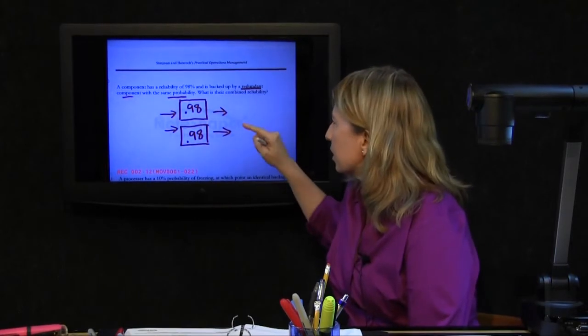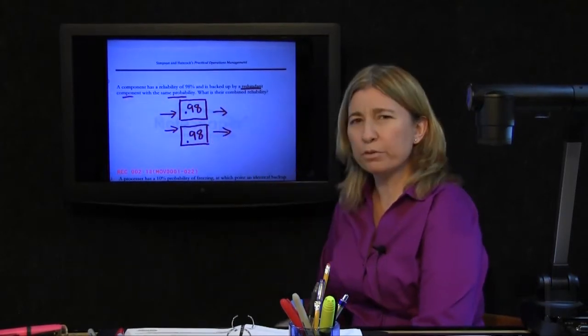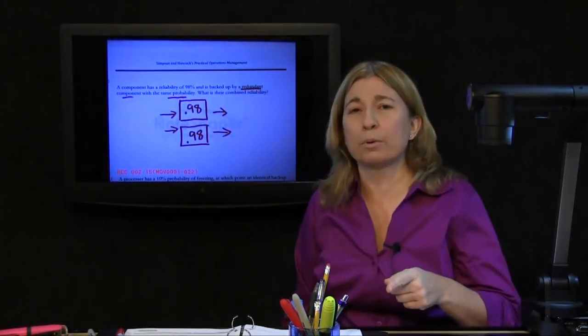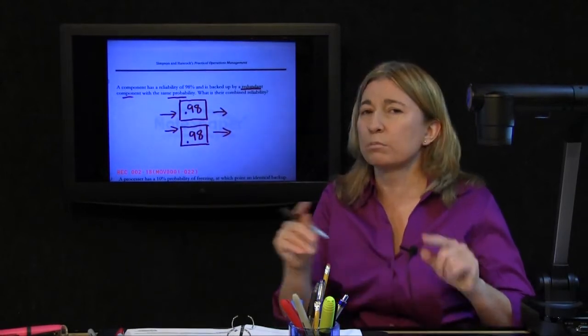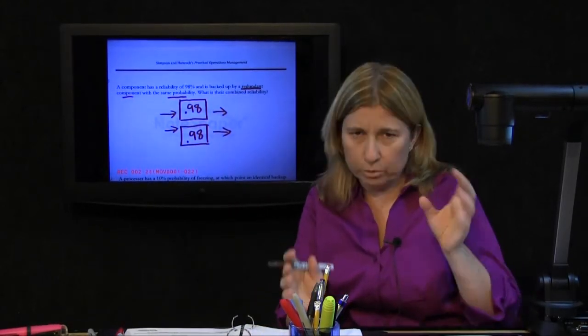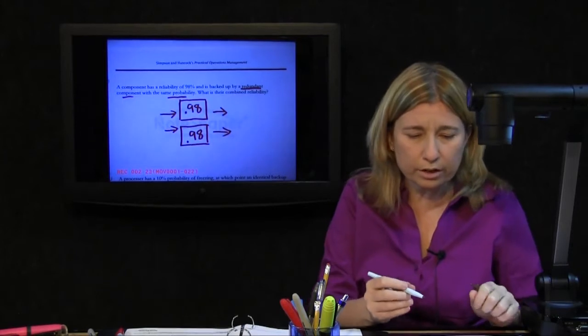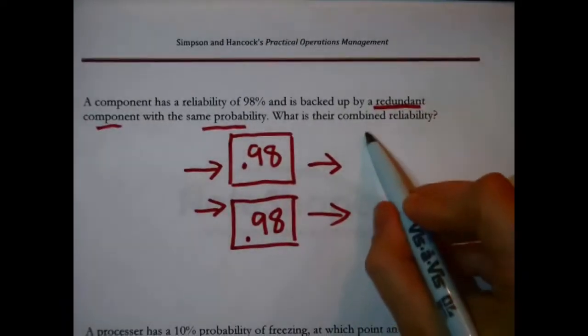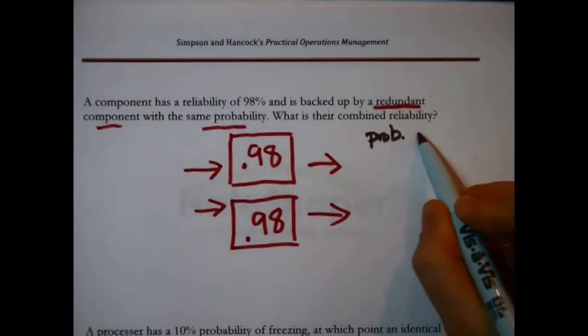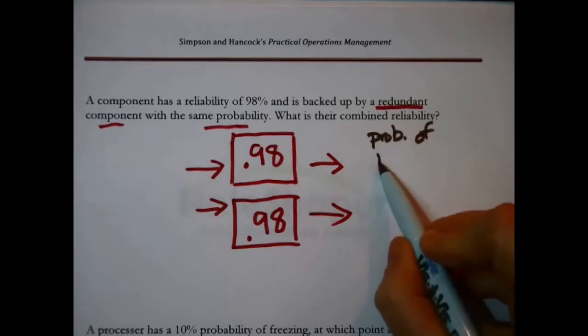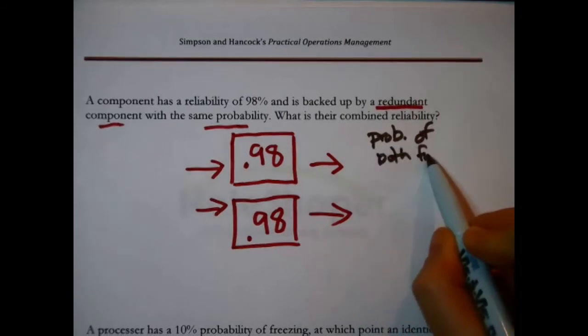What we're asking is, what's the probability that both of them would fail? That's a joint probability. The probability of two or more things happening at the same time, you multiply their probabilities together. So, a little scratch work here. Probability of both failing.